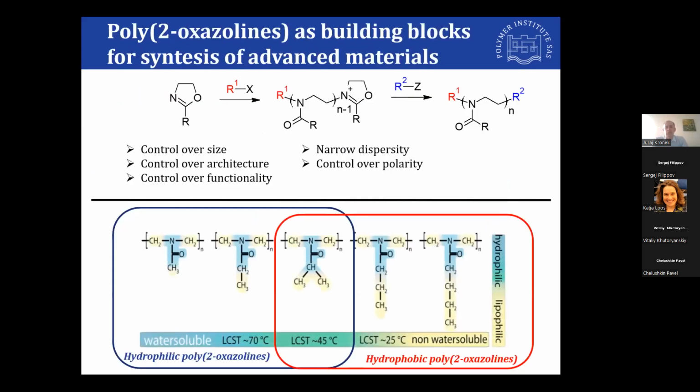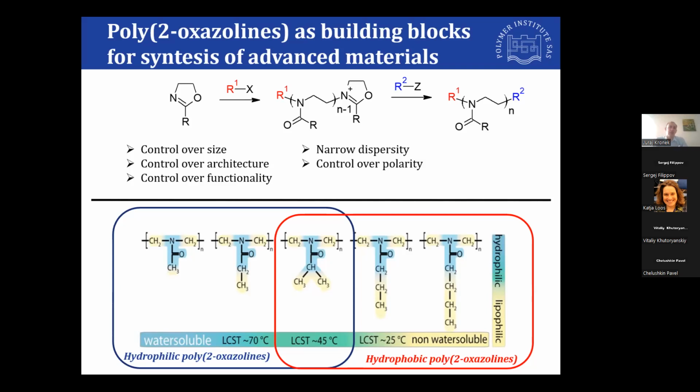As you could hear yesterday, one of the excellent types of polymers suitable for biomedical application are polyoxazolines. They can be used as building blocks for synthesis of different advanced materials, hydrogels, nanoparticles, and so on.